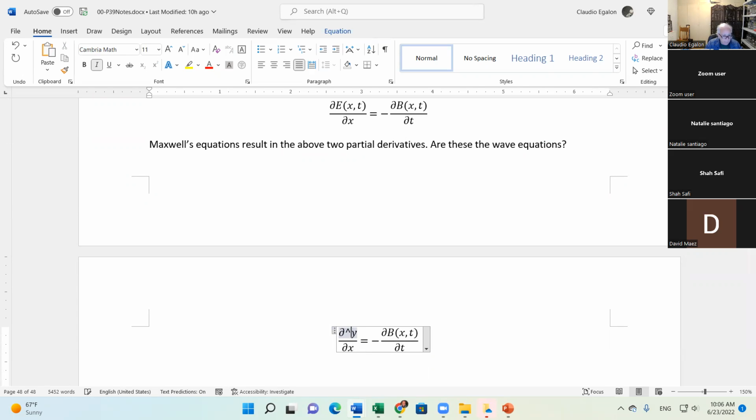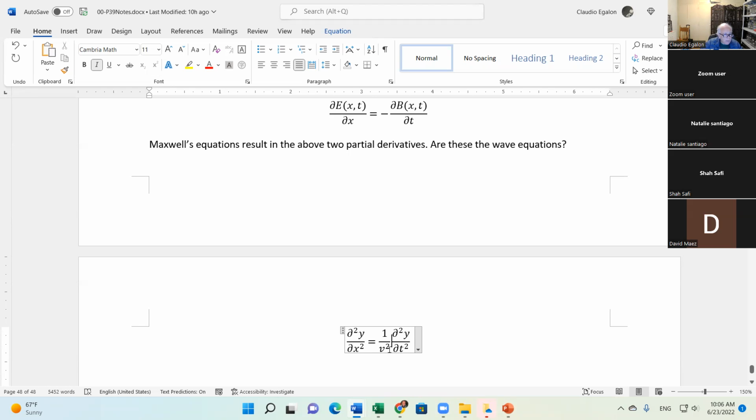Second partial derivative, second partial derivative, and you've got to put a second here. And then we have to fill in with the proper parameter. Is that the right one? Let me see.